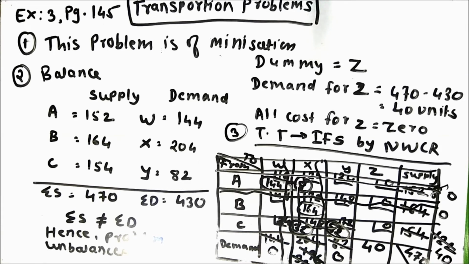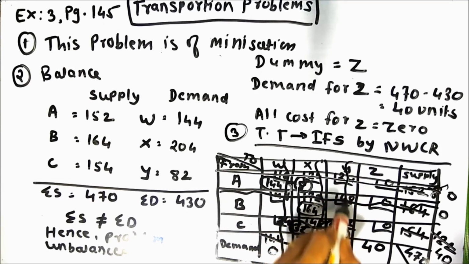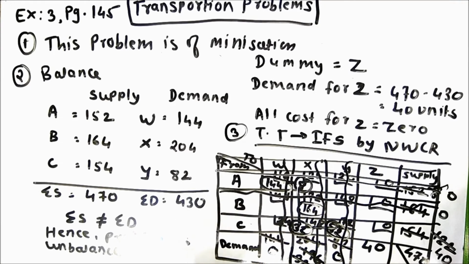Now Y has become 0. So here Y will get cancelled. So let me cancel this Y. Now the last cell remaining is C and Z. And there we have the dummy. This is our dummy and the cost is 0.